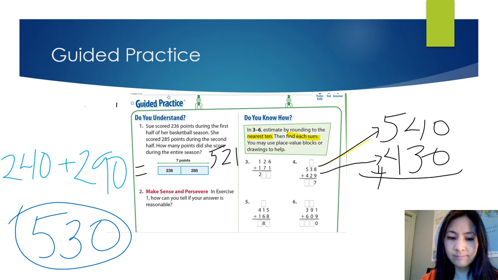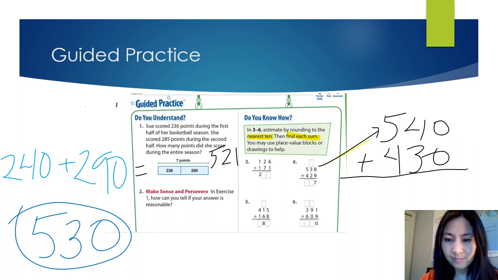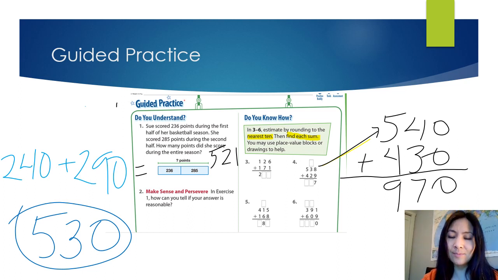Now find the sum. 0 ones, 4 tens plus 3 tens is 7 tens, 500 plus 400 equals 900. So here's our estimated sum.